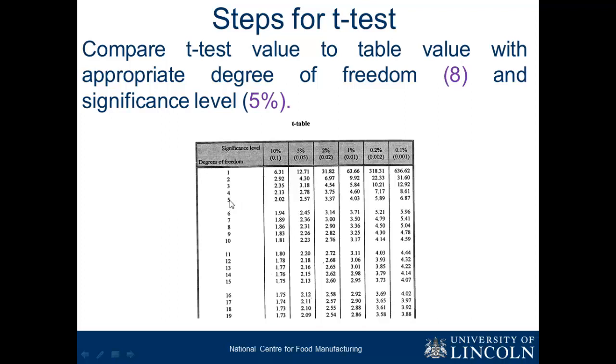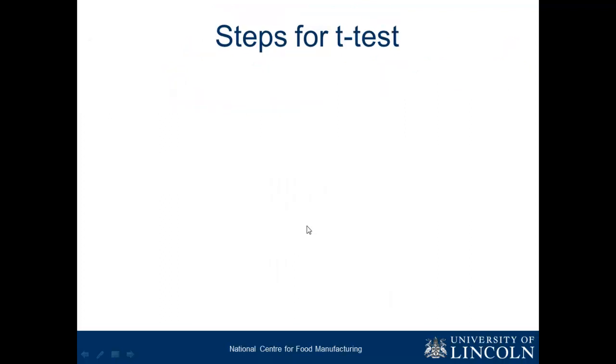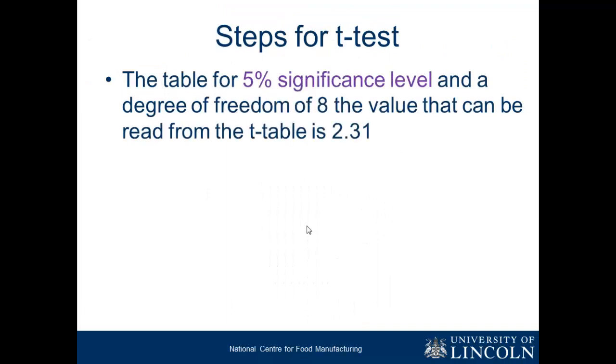You just go to the degree of freedom, which here is 8, and we are interested in 5% significant level, and that is 2.31. So for the table at 5% significant level and the degree of freedom of 8, the value that can be read from that table is 2.31.